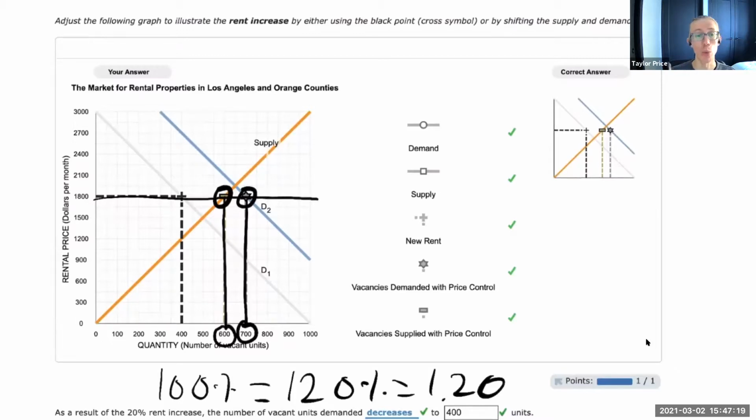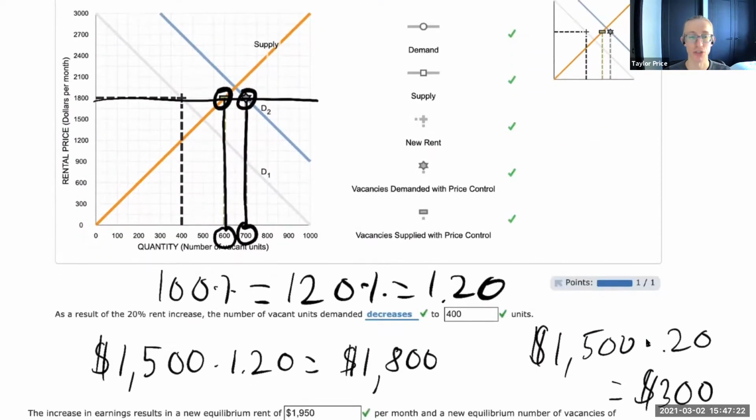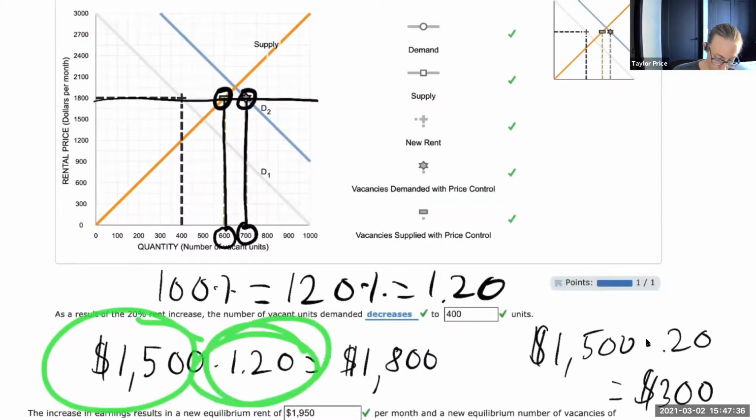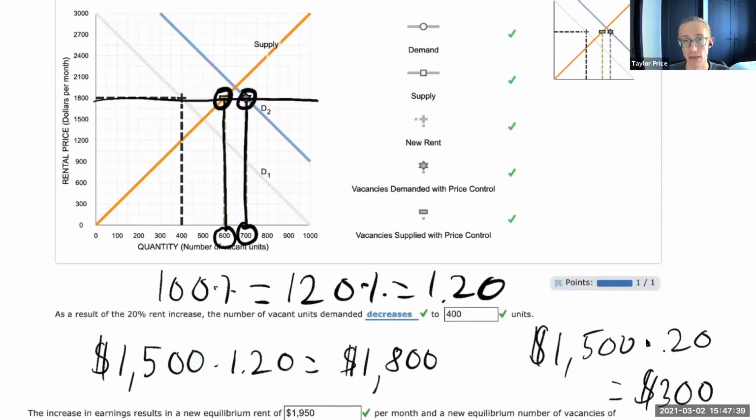So the first thing you need to do is take the original rent price here, which is 1,500, and multiply it by 1.20 to get the 20% rent increase, which gives you 1,800. So the effect is increasing rent from the previous equilibrium of 1,500 to a new point of 1,800.